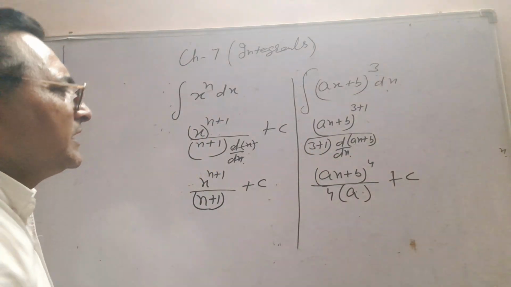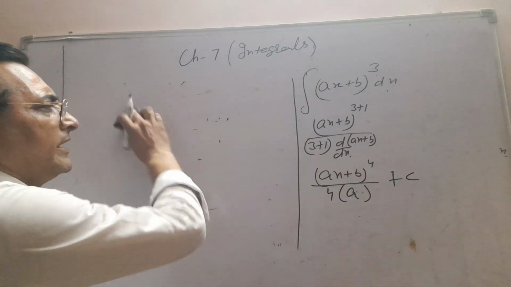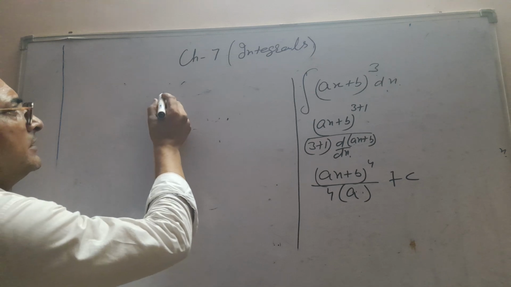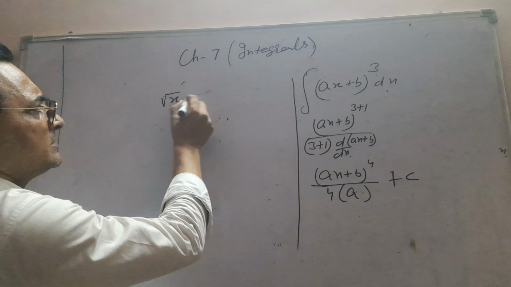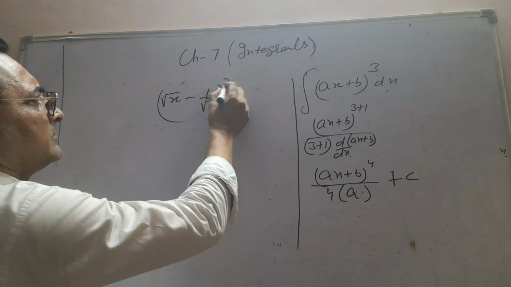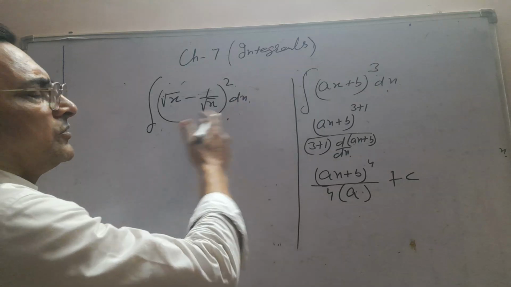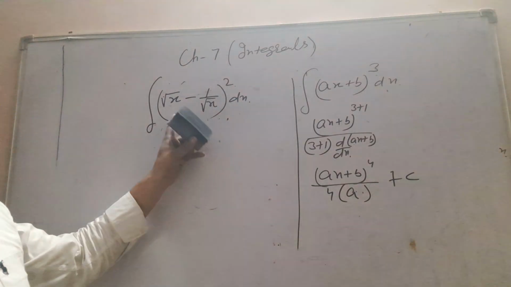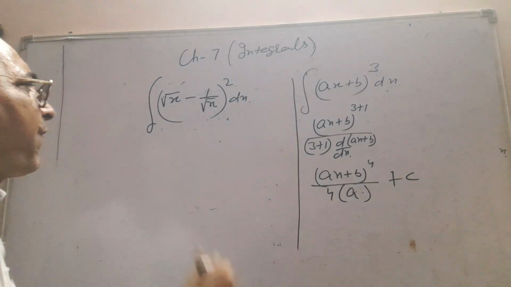This is the case of two terms in the bracket. Suppose there are more than two terms, you can say (root x minus 1 by root x) whole square. You have to integrate it. If we take the square of (a minus b) whole square, we will open the square.